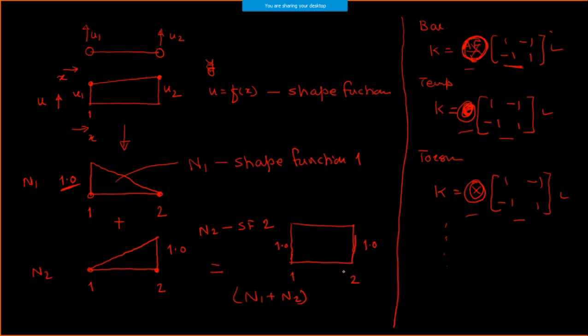Whatever the variation is, it is represented by the first equation, that is n1 plus n2 anywhere in the element. If I add up these equations, that will come to be one. This is the first law for the shape function.